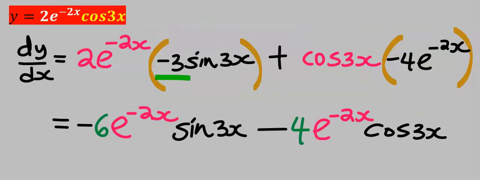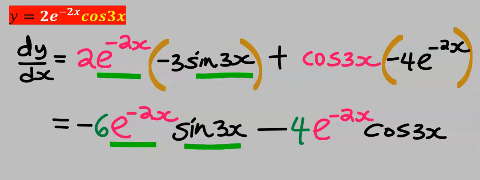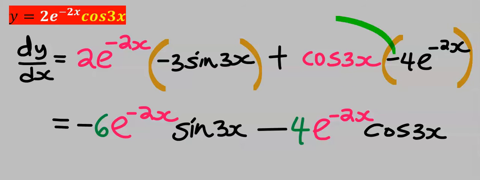Next, minus 3 multiplied by 2. You're going to get minus 6. Next, you just join the remaining variable. Next, this minus will multiply plus, and you're going to have a minus. Next, you just rearrange the remaining variables.